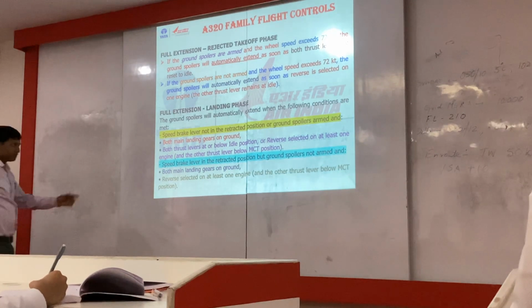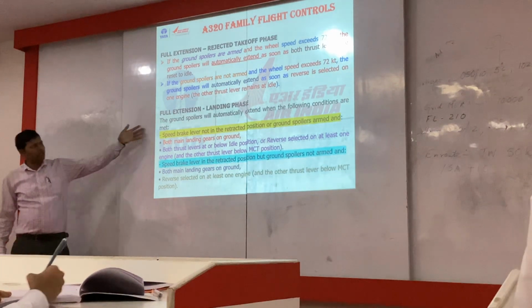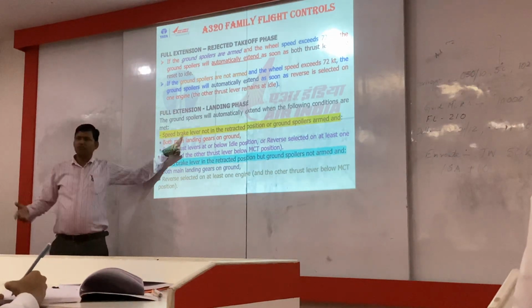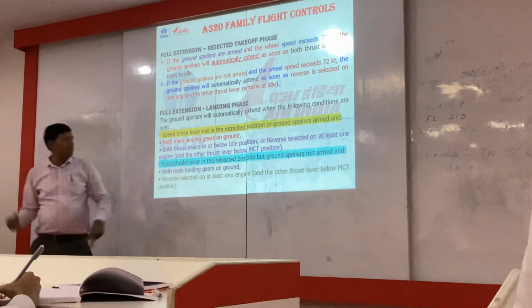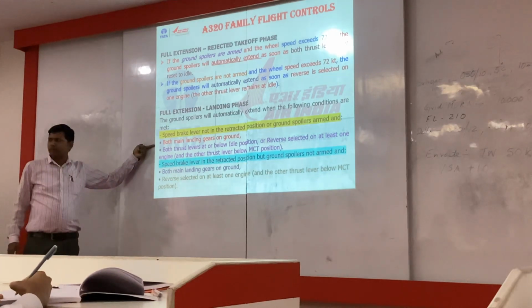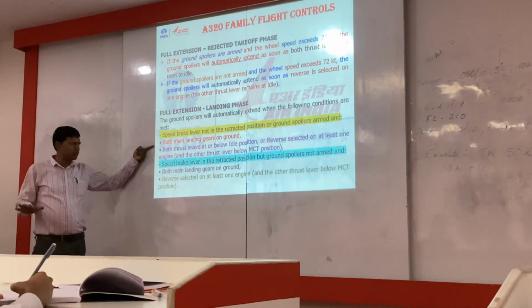In the landing phase, the ground spoiler will automatically extend under the following conditions. First, the speed brake lever is in the retracted position or the ground spoiler is armed. Both main landing gears on ground.